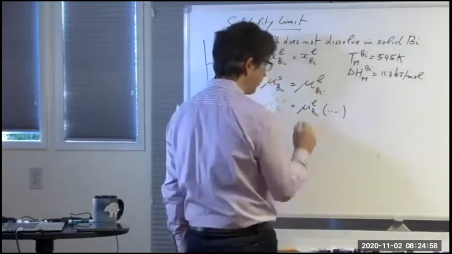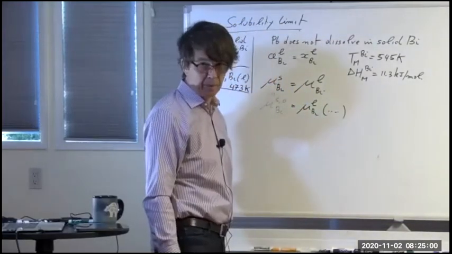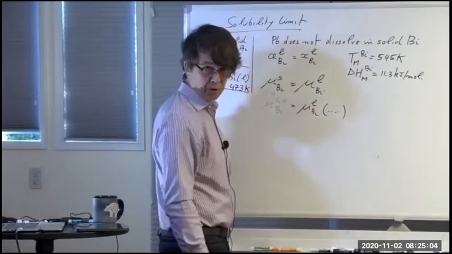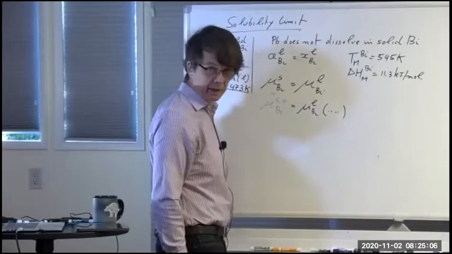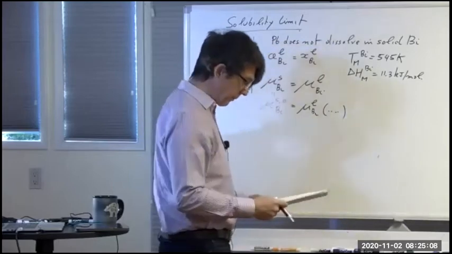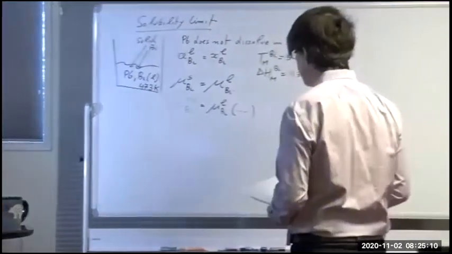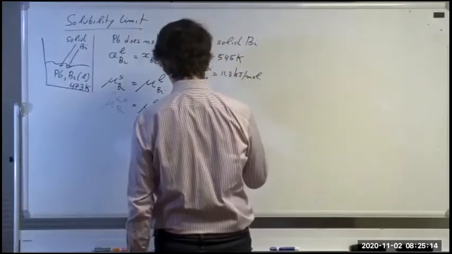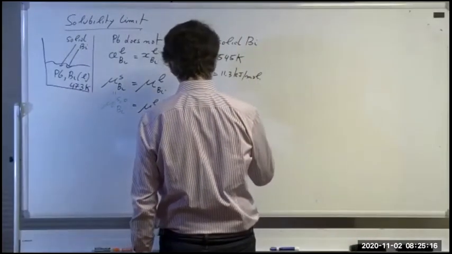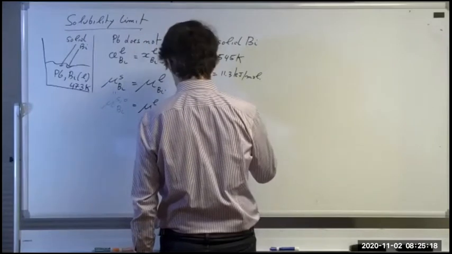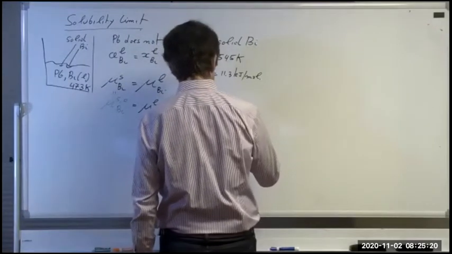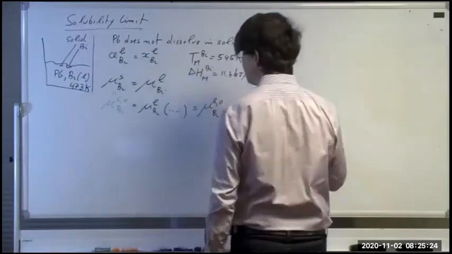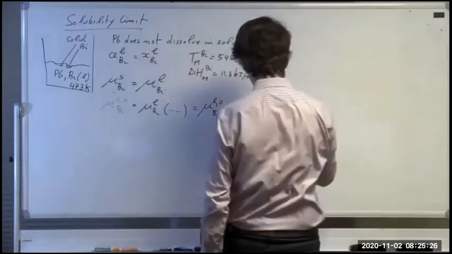The chemical potential of bismuth in the liquid has composition dependence. So if I knew this equation, I would solve this for that composition, and that would give me the solubility limit. So we have actually enough data here to do that, because the chemical potential of bismuth in the liquid can be written as the chemical potential of bismuth in the liquid in the reference state plus RT log the activity, but in this case the activity, because of the Raoultian behavior, is the mole fraction.